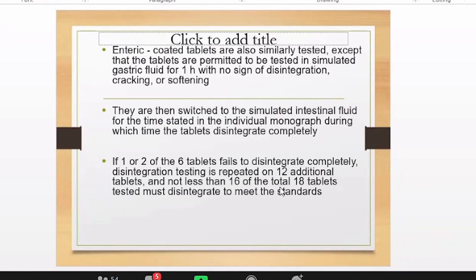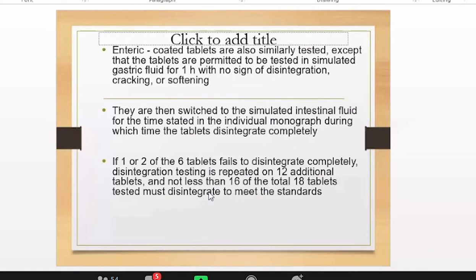And the guidance is that from those total of 18, not less than 16 of the total 18 tablets tested must disintegrate if you are going to say the tablets have passed the disintegration test.